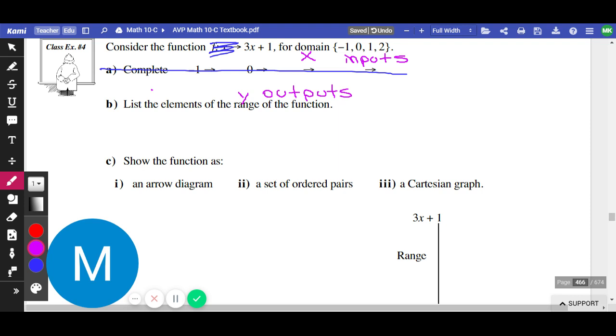So for instance, my first output would be y equals 3, and instead of x, I go bracket -1, plus 1. I took this equation and changed my input, my x, to be my value.